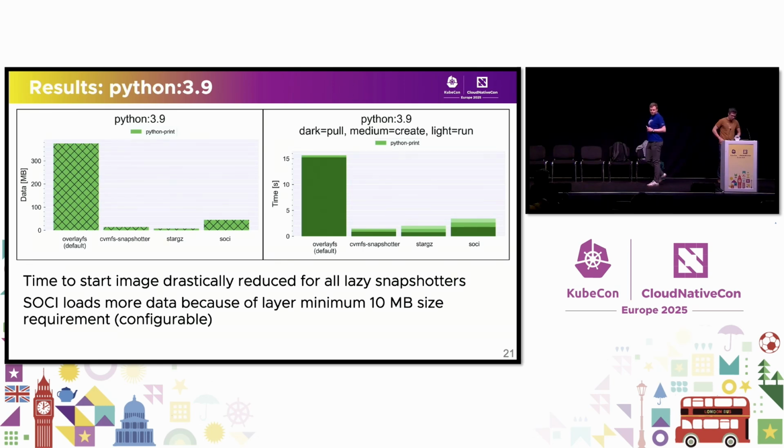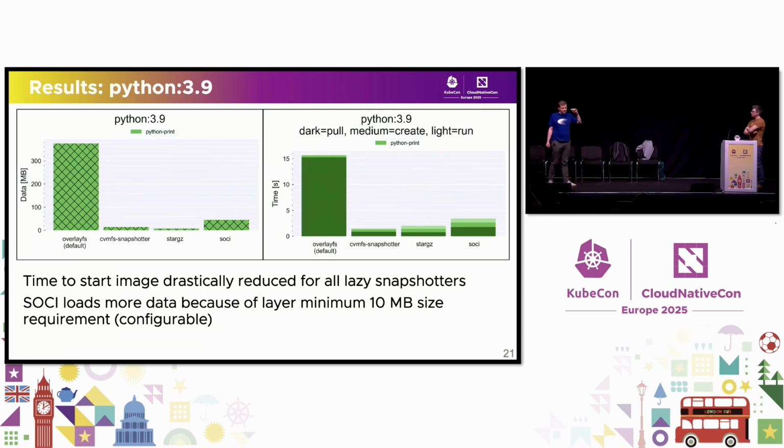Okay, thanks. Yeah, so we're going to look at the same image. We arbitrarily chose a Python 3.9 image from Docker Hub. On the left-hand side, you can see, comparing the different snapshotters, the data downloaded in megabytes.